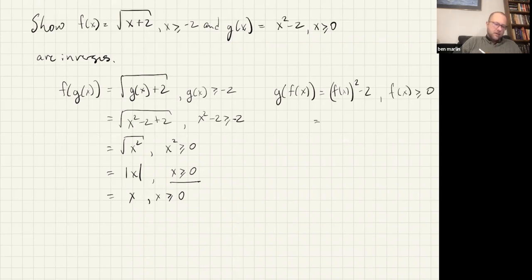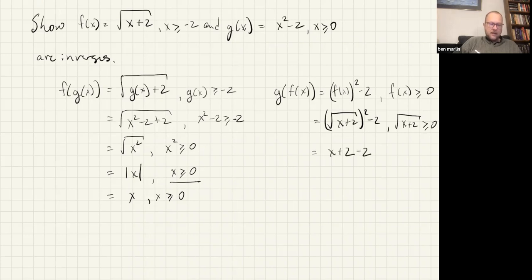And that, of course, is going to mean that you've got a square root of x plus 2 squared minus 2. And I forgot to write down f of x rule. The square root of x plus 2 is greater than or equal to 0.